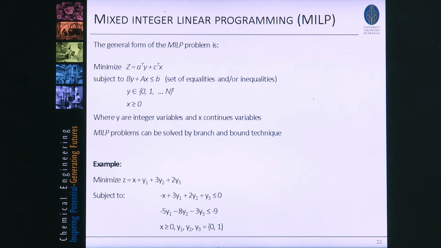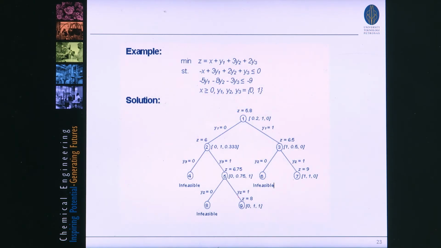The general problem of mixed integer linear programming, I think we have seen this over and over again, and then we know now that MILP problems can be solved by using the branch and bound technique. So if we have another example like this, we try to solve it like what we've done so far.